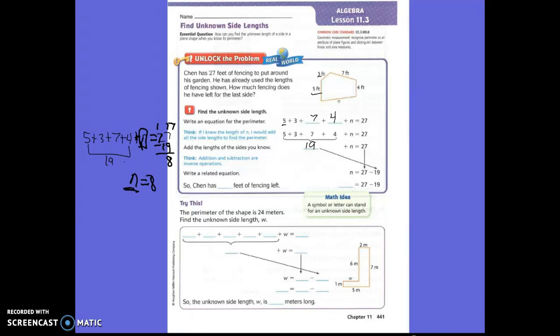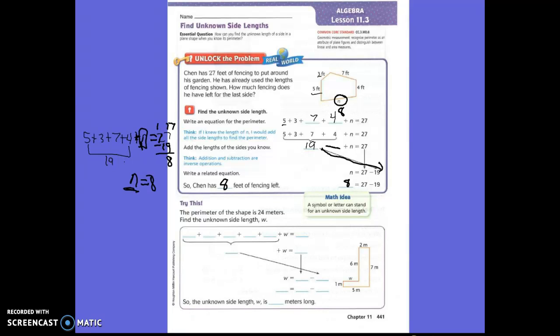Okay? So you have down here that they're showing you that when you move 19 across, you have to subtract it. And you said 27 minus 19 equals 8. So Chen has 8 feet of fencing left. So this n right here is supposed to be 8. Alright? Does that make sense?